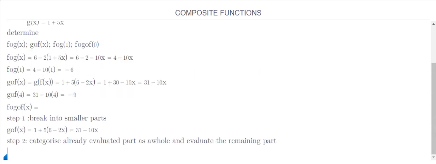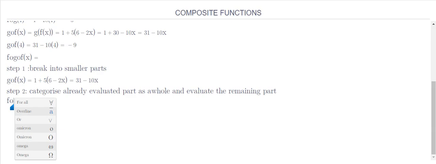Now this is what I mean. G of f of x we already have, but now what we want is f of g of f. So I'm saying take it as a whole.